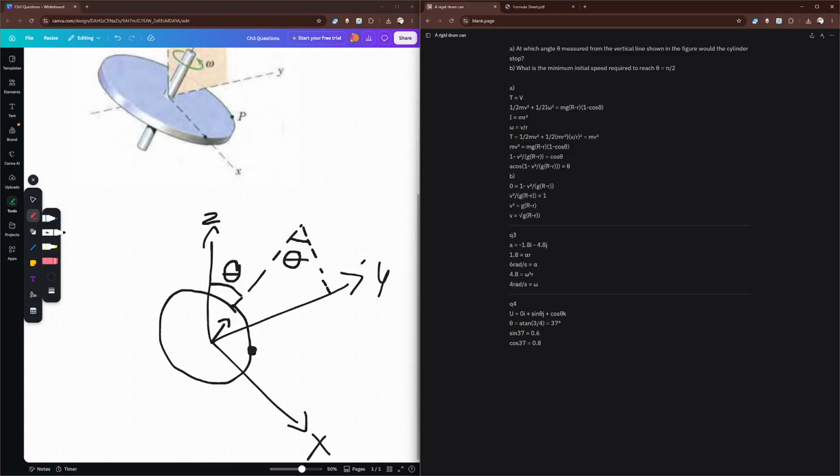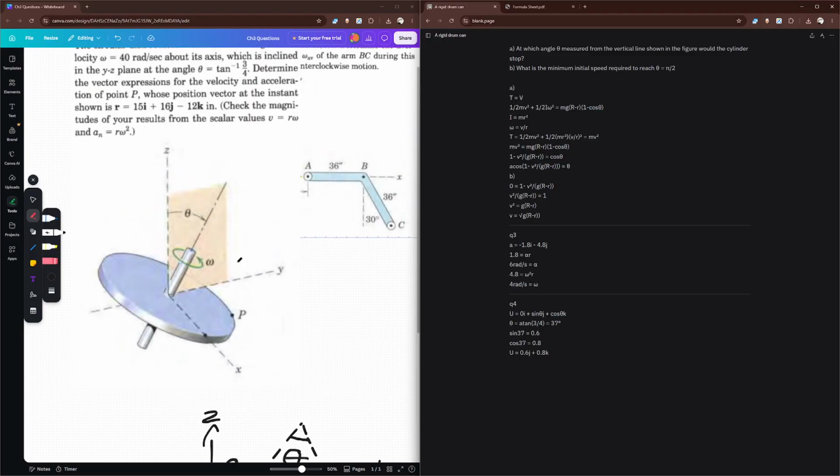I just plugged it into my calculator wrong. So that means u is equal to 0.6j plus 0.8k.